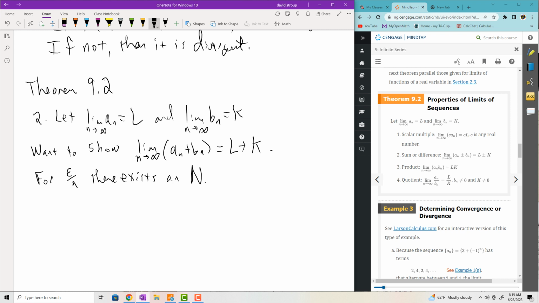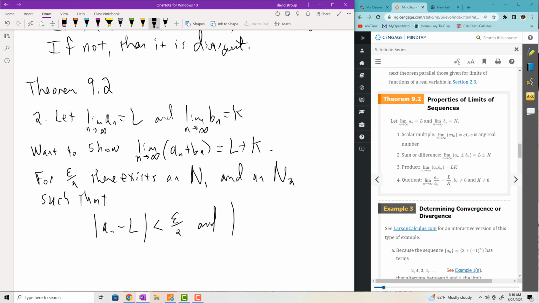So I'll say there exists an n1 and an n2 such that the distance between a sub n and L, assuming we go out far enough in the sequence past this number n1, will be less than epsilon over 2.